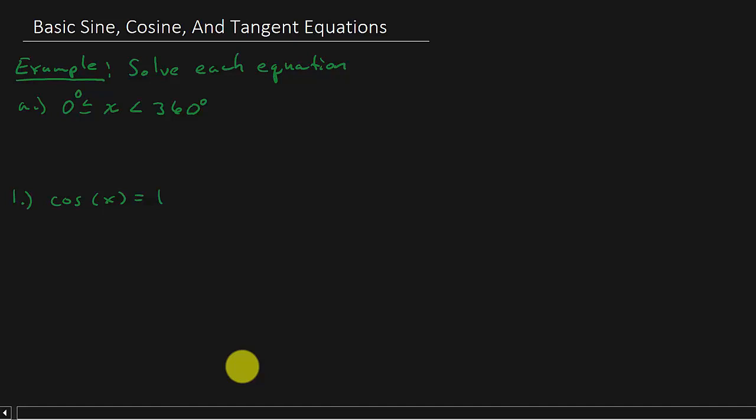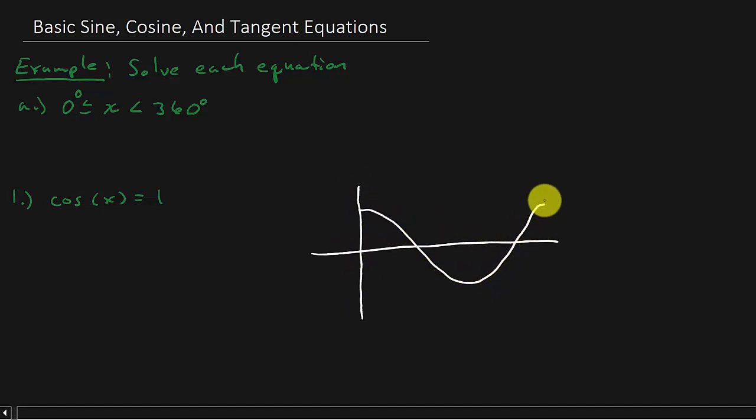When you get something like this, unless you've memorized these, which you should, you should know the cosine, sine, and tangent of 0, 90, 180, 270, and 360. But if you don't, what I would recommend, since we've got cosine, is to sketch the basic cosine curve.